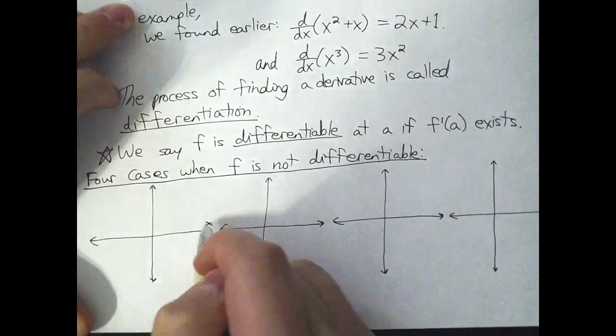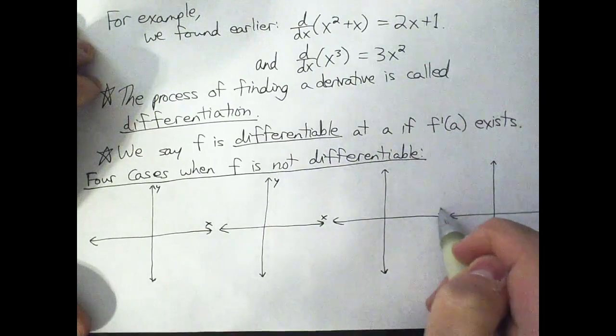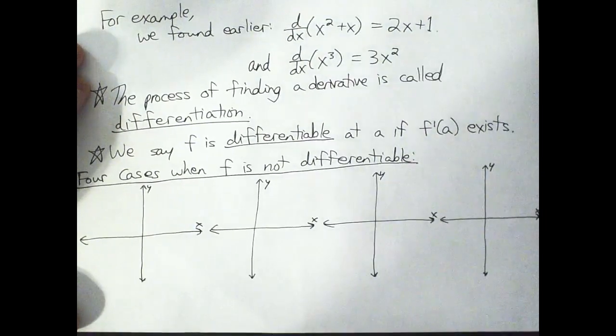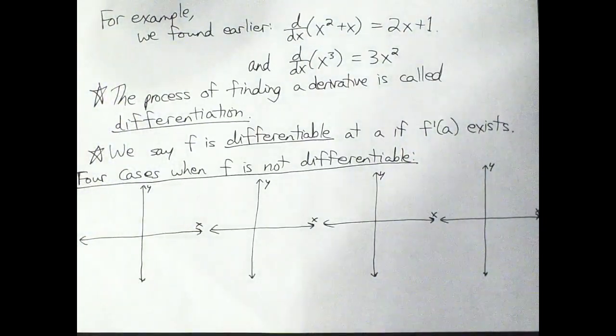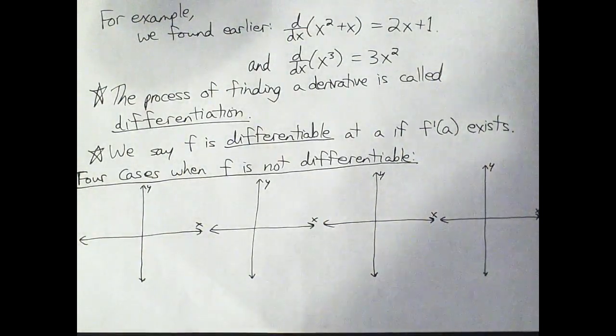All right, XY axis. How about this? While we're writing all this, can you think of any cases where you think a function might not be differentiable, where the derivative might not exist? There's 4 of them, so you might be able to think of some of them.